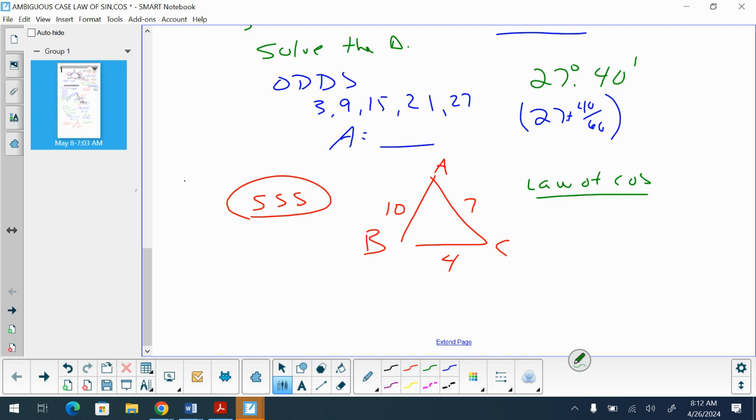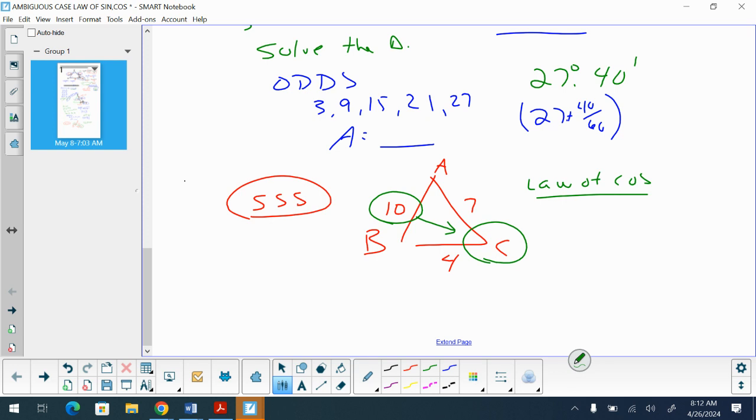Now, my suggestion to you is look at the biggest side, find the angle opposite that first. Because the law of cosines is going to give you one solution. You don't have to worry about a supplementary angle or anything like that. You have one solution.